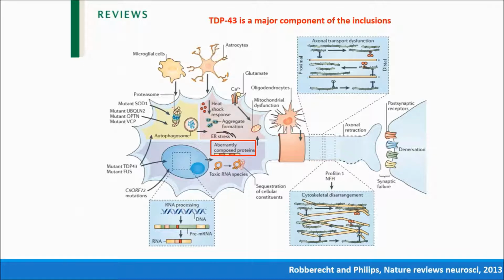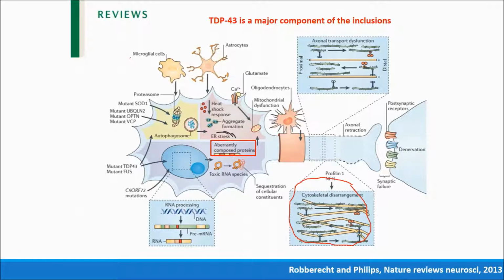There are mainly two mechanisms implicated in the clearance of the cell, the proteasome and the autophagosome. These two pathways are deficient in ALS because of different genes. We also know that the skeleton of the cells can be changed.